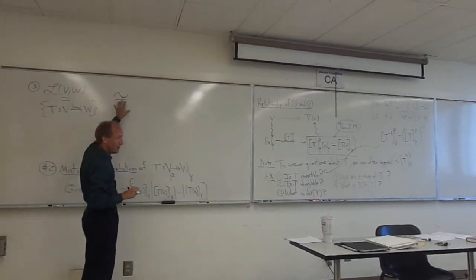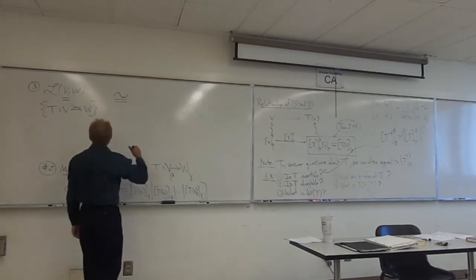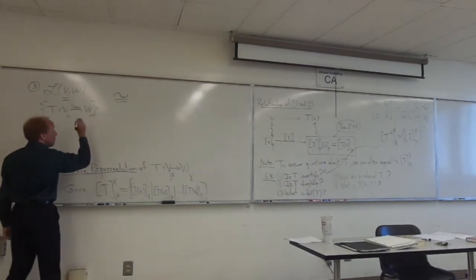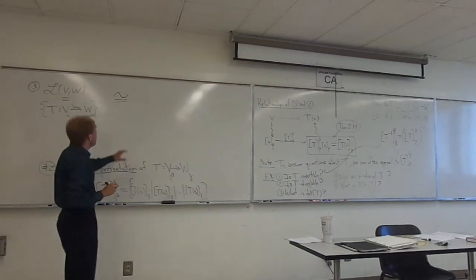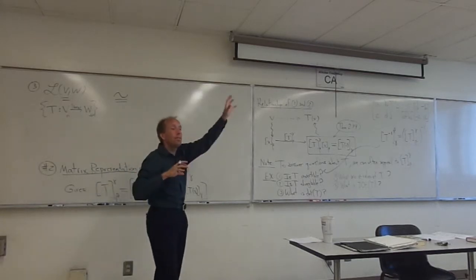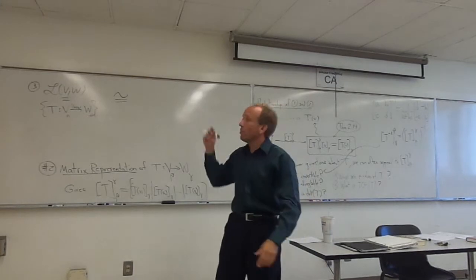Do you guys remember this part? It's isomorphic, so let's assume that this is n-dimensional and this is m-dimensional. Does anybody remember what it's isomorphic to? Say again? Onto n. But what other vector spaces is this one isomorphic to?